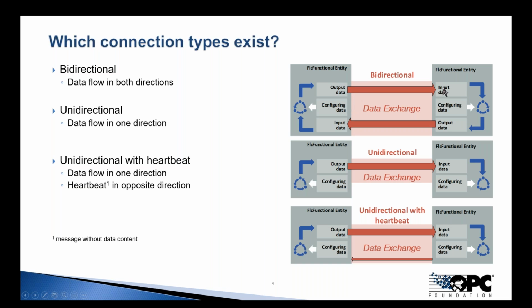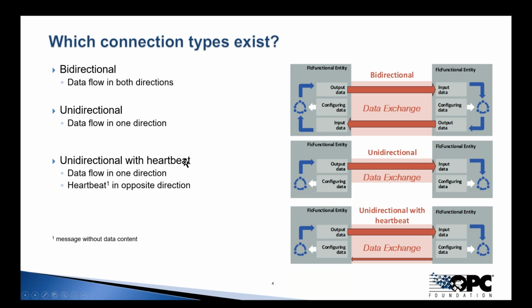So output data is transported over to that functional entity, received as input data, processed somehow, output data is produced, and transported back to the first functional entity. Unidirectional is what you probably know from PubSub. Somebody provides or publishes data, somebody receives data. No back connection. This one is providing data, this one is receiving data, period.